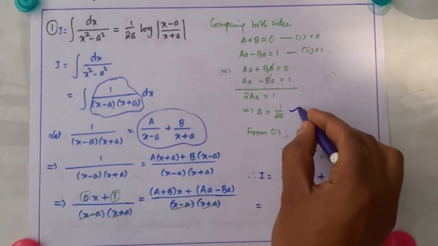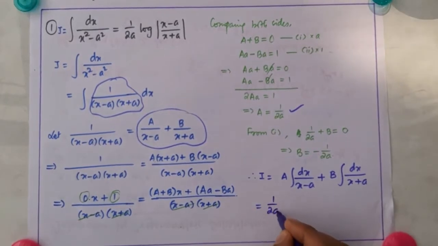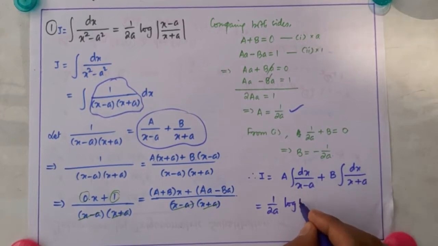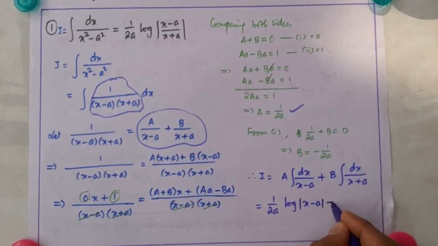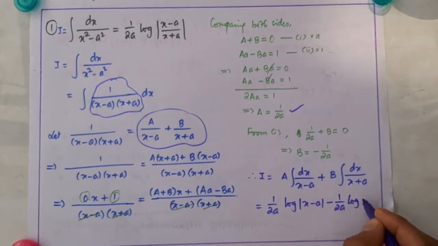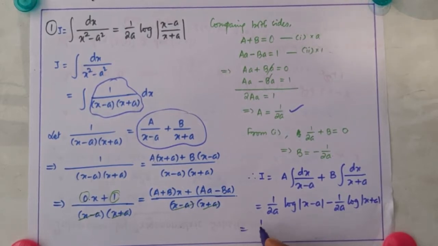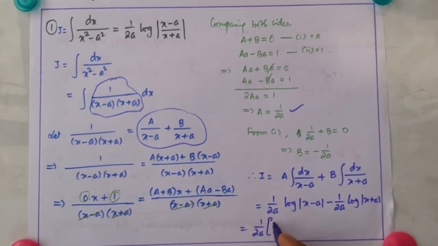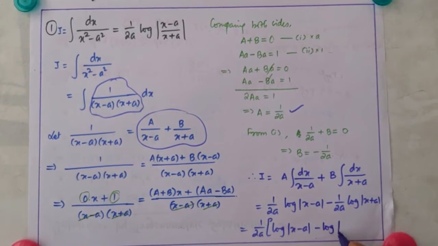A is 1 by 2a. Now, the integral of dx by (x minus a) is log of (x minus a), minus, B is 1 by 2a, log of (x plus a). You see that 1 by 2a is common, so you have 1 by 2a outside, log of (x minus a) minus log of (x plus a). No doubt you have to put a constant of integration as well. Now what is this?